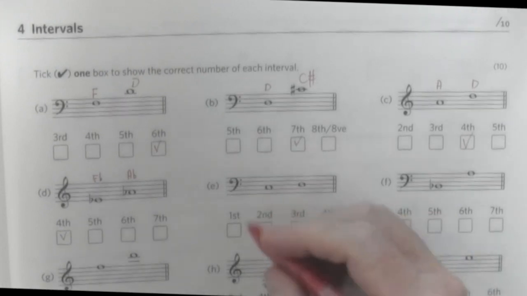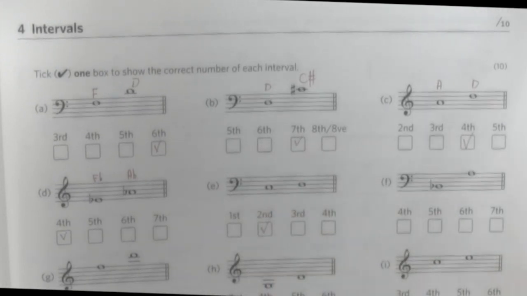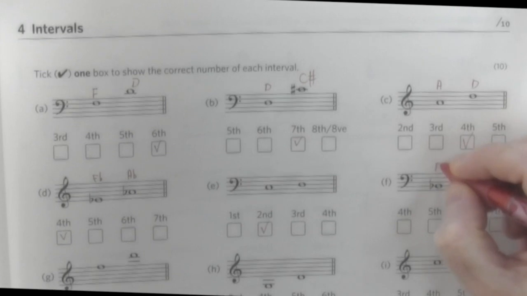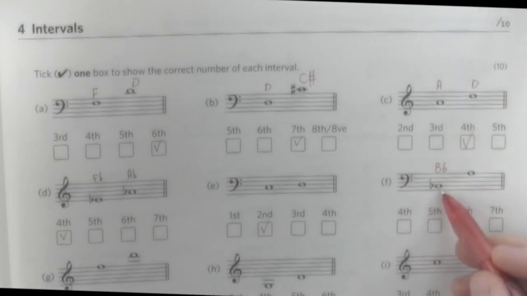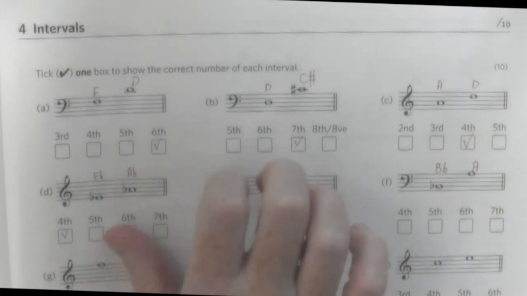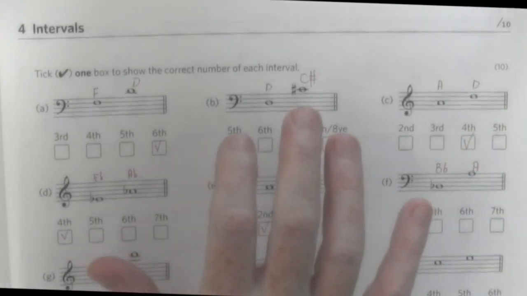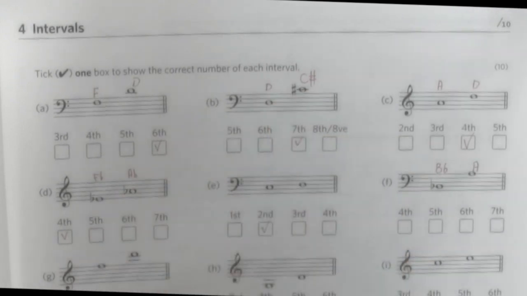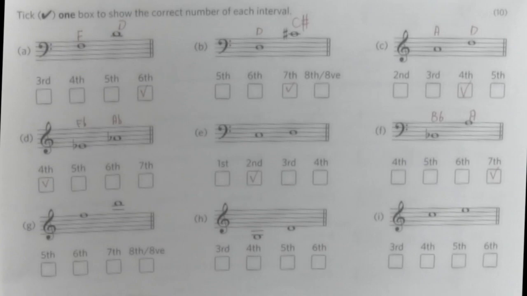This is a 2nd. This is B flat, Sol plus 2, and this is Fa plus 2, La. Si, Do, Re, Mi, Fa, Sol, La. A 7th. Next one.